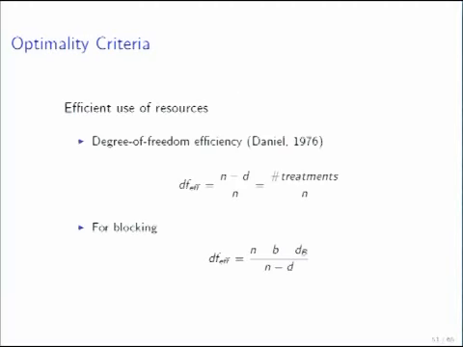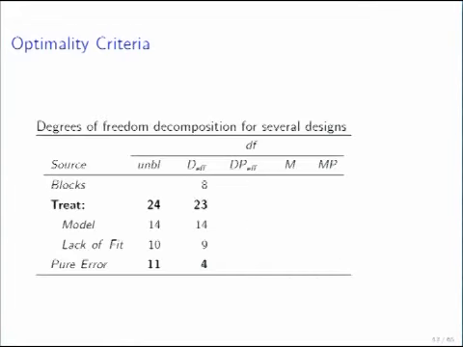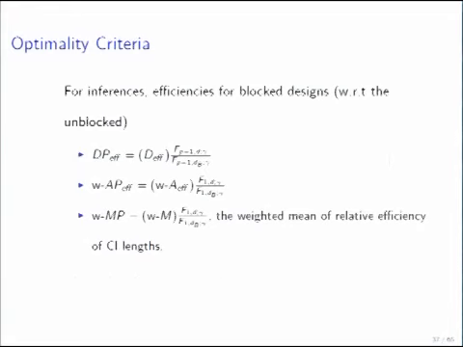What is changing is the degrees of freedom. Yeah, that was my question. What changed is the degrees of freedom for blocks, degrees of freedom of pure error from blocking.